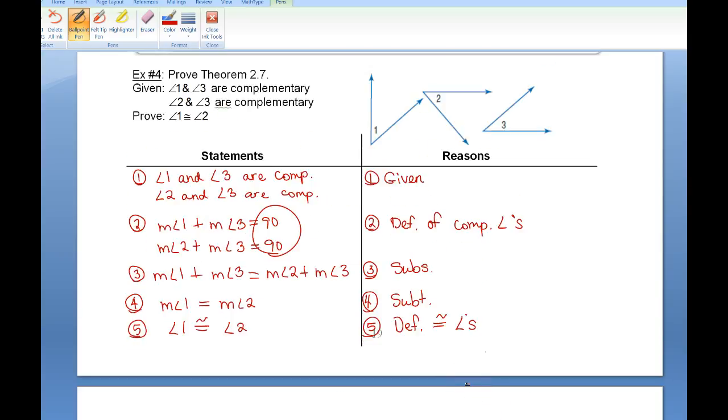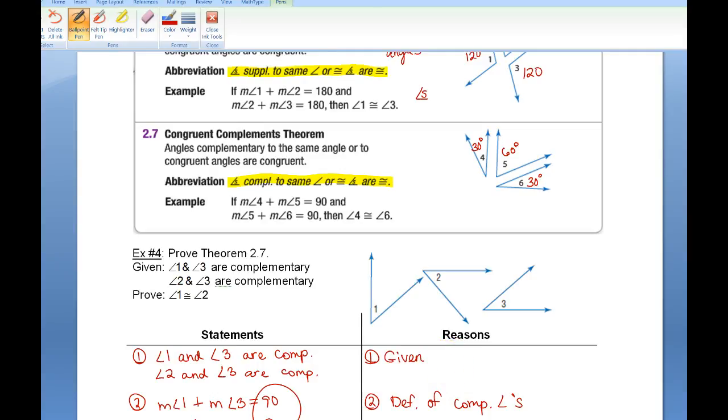Okay, now, guys, once we prove something, if you encounter this in the homework and you're using a proof, you don't have to go through this process. You can just go from here to here. And the reason is angles complementary to the same angle are congruent. It would be a 2-step proof.